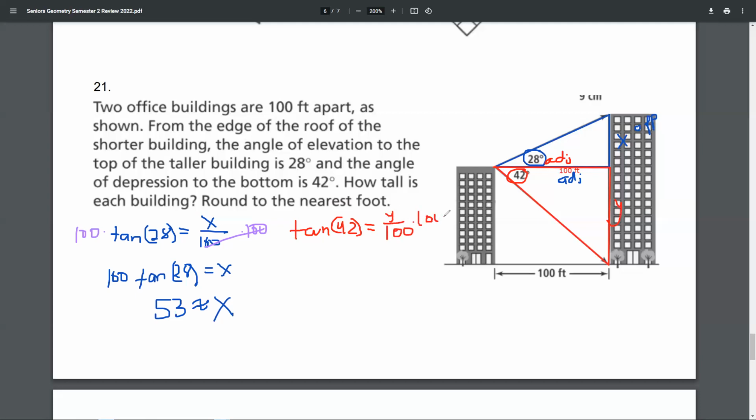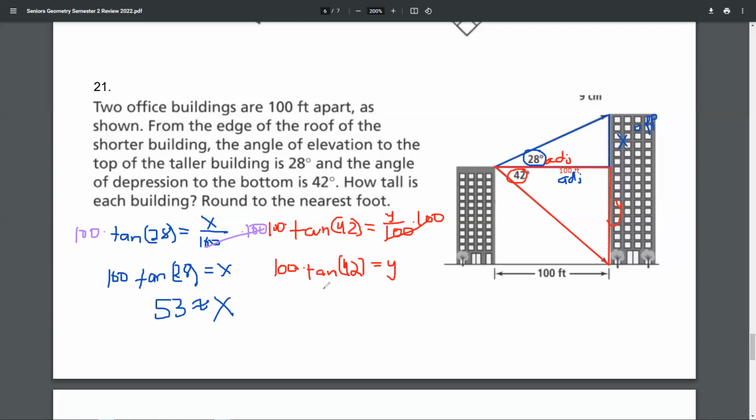We're going to multiply both sides by 100. And we get 100 times tangent 42 equals y here.